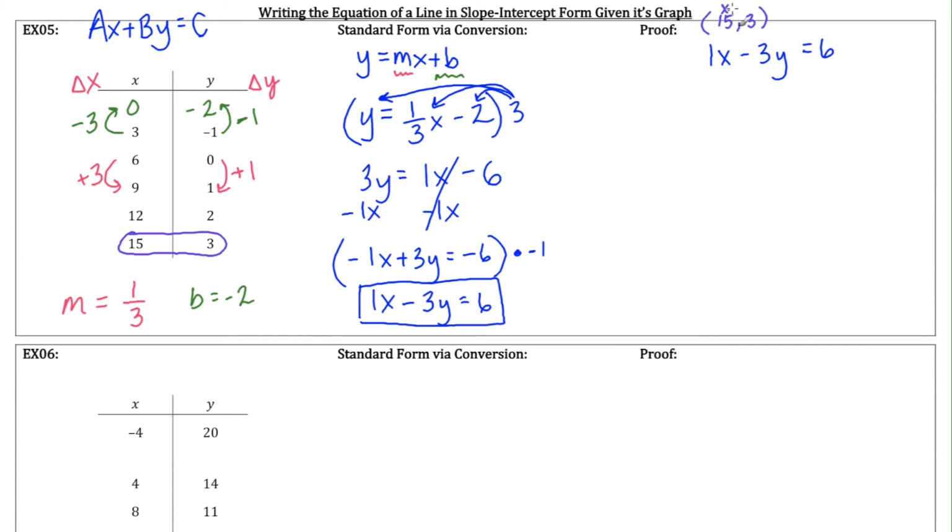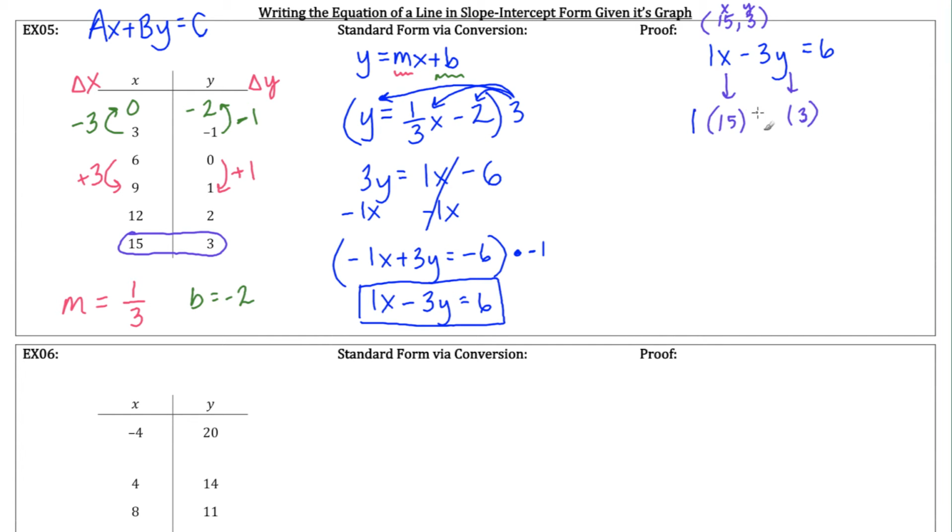So that's my x, that's my y. So that'll be 15. And that will be 3. Sounds good. Well, let me correct that 3. Okay. I don't know why that bothered me so much.